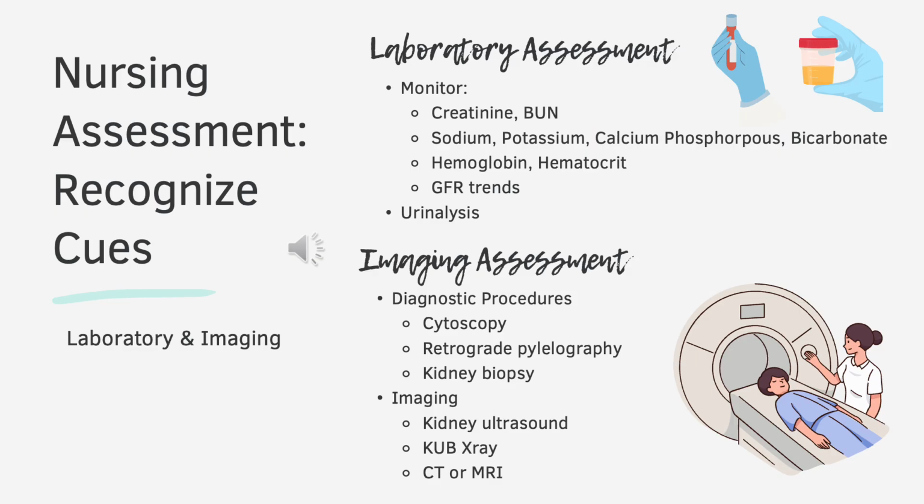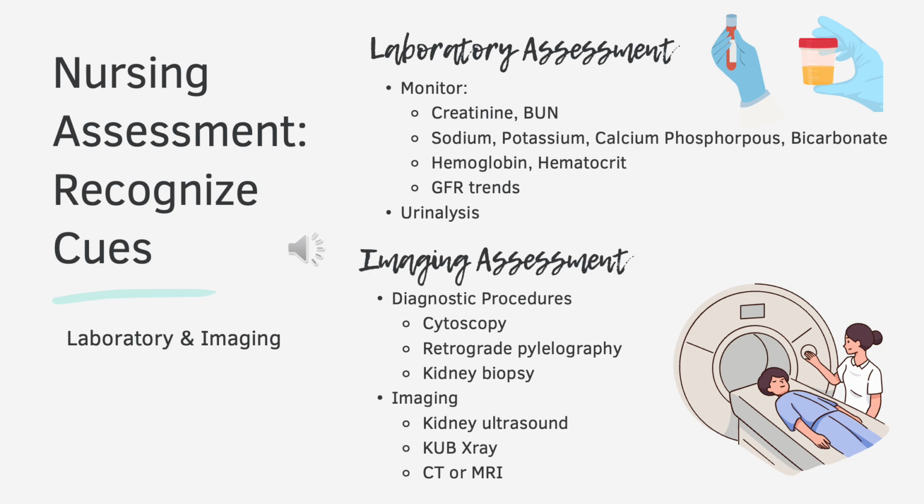Urine osmolarity may initially decrease, but it's going to tend to increase as CKD progresses and the urine output diminishes. Also, the urine albumin to creatinine ratio can provide some pretty good insight into the kidney damage and the overall function of the kidneys as well.